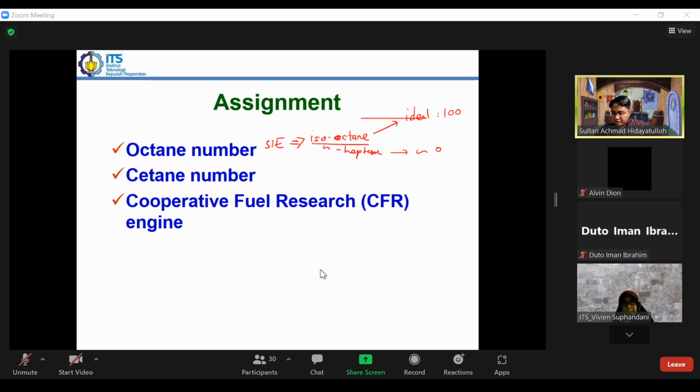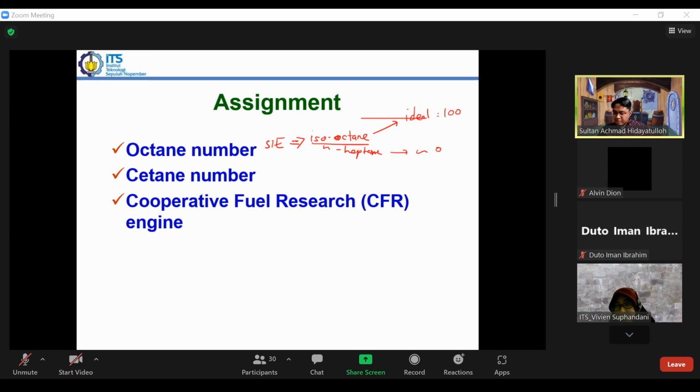And to decrease the knocking, or to increase the octane number, we could add some aromatic hydrocarbon, because aromatic hydrocarbon is like isooctane.